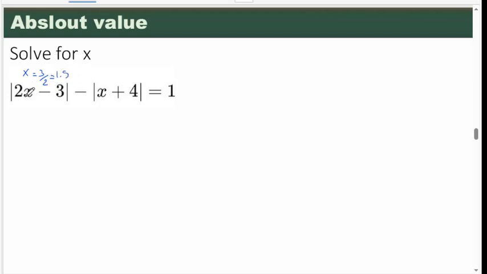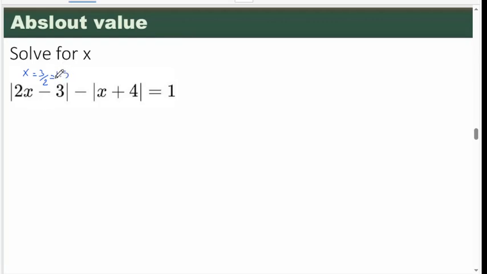That means if I put any x less than 1.5, inside this absolute value would be negative. I said the output of any absolute value would be positive. So to get rid of this absolute value, I have to multiply this negative number with negative that makes my number positive.